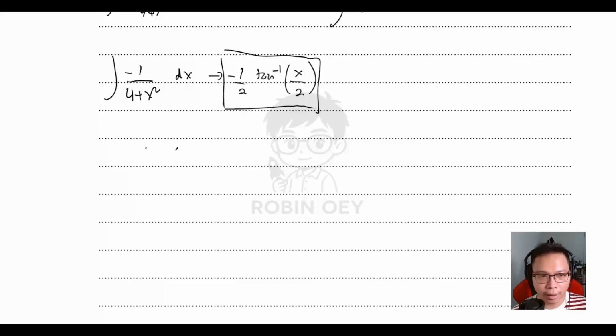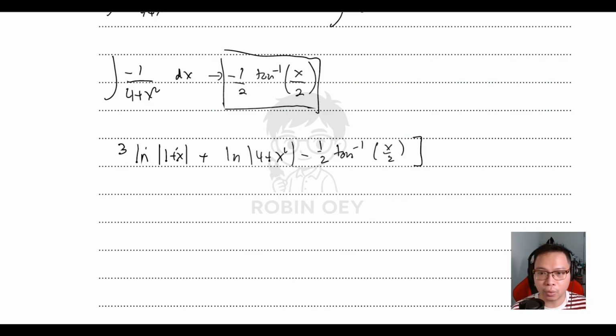So we have 3 ln of 1 plus x, and I'll combine everything, plus ln of 4 plus x squared, and then negative half inverse tangent of x over 2, with the upper limit of 2 and lower limit of 0.